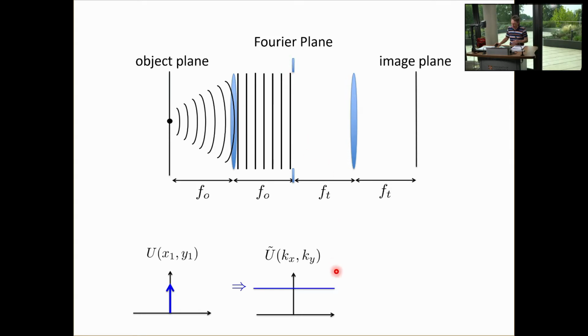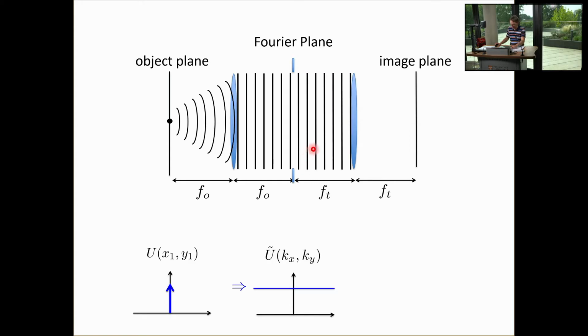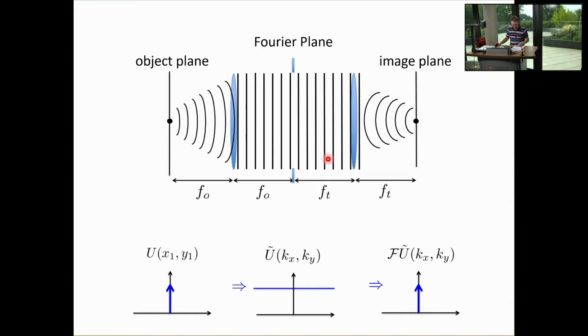So now we are multiplying in the Fourier plane with an aperture function. So we will do that next. At this point, I just go through the process without the aperture. Initially, I'll put the aperture in the next step.